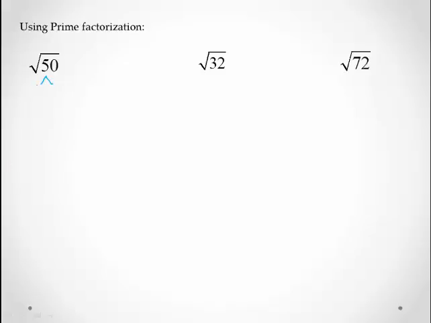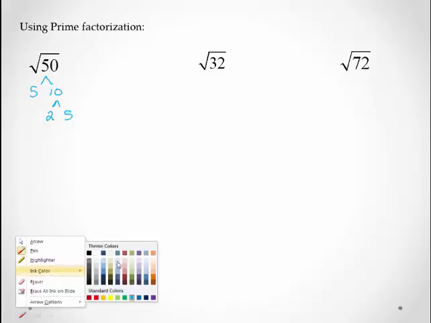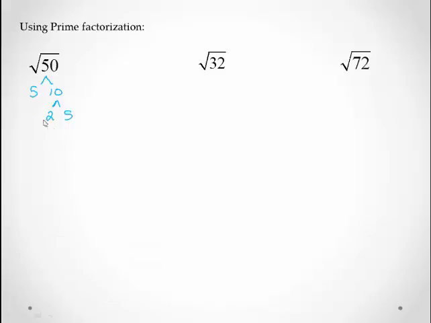Now what we're going to do is make factor trees, and you can break this up however you want. 50 is 5 times 10, and 10 is 2 times 5. Now what will happen here, every time I have a pair of numbers that match under the radical, that's a perfect square.